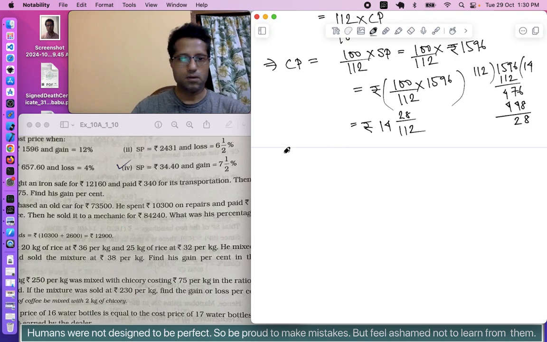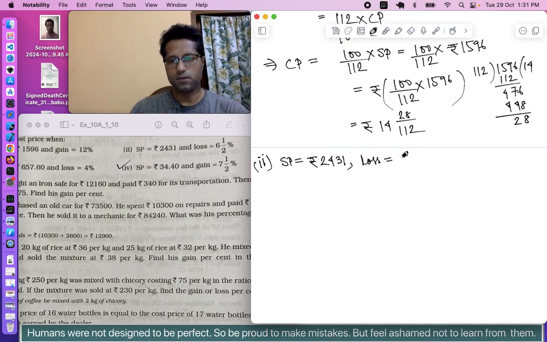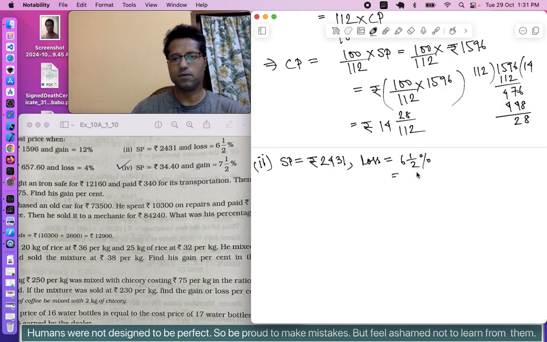So SP is given to be rupees 2431 and loss is given to be 6.5%, which is equal to 13 by 2%.